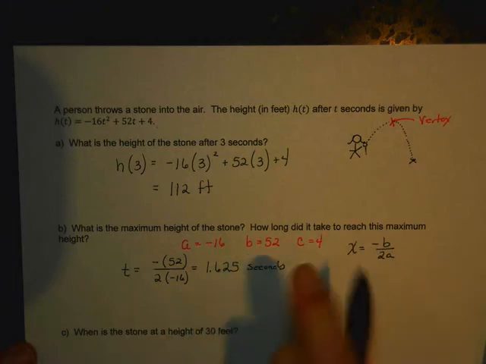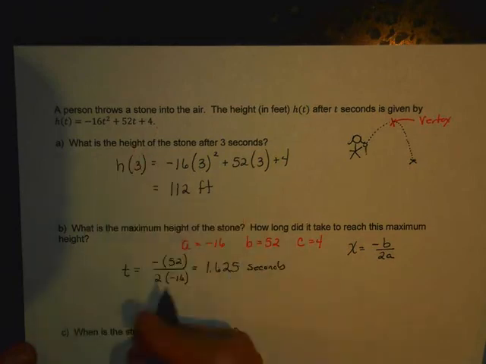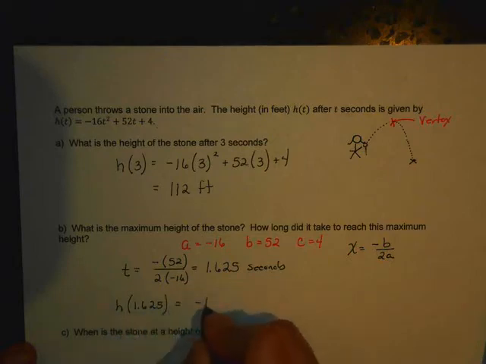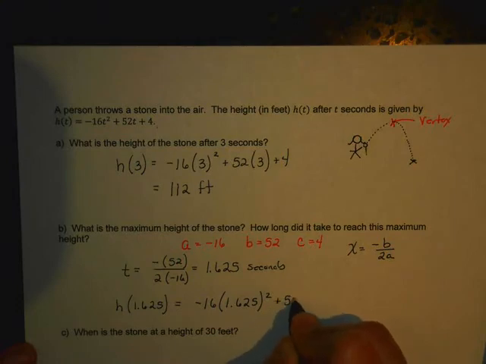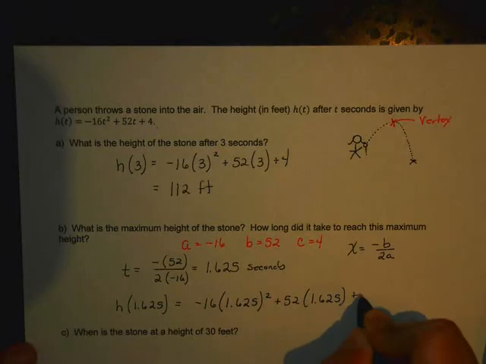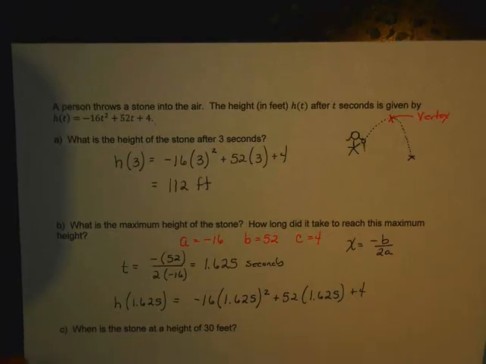So to figure out the height, we're just going to put that time into our formula, right? We're going to figure out what h of 1.625 is. So we'll have negative 16 times 1.625 squared. I'm just putting this into my formula. That's not bad, right?